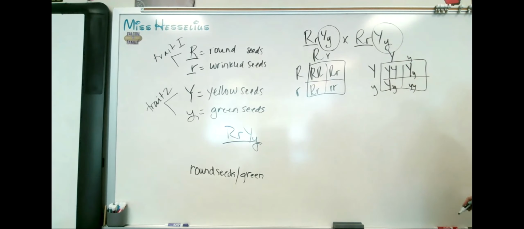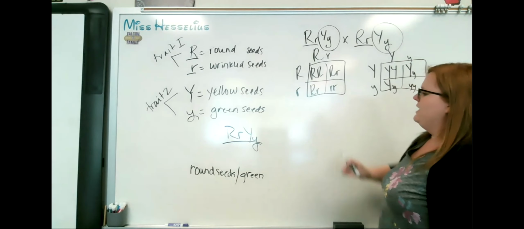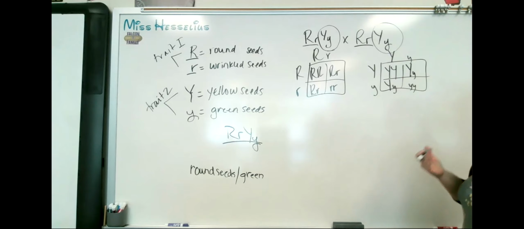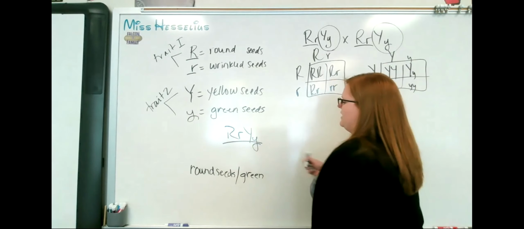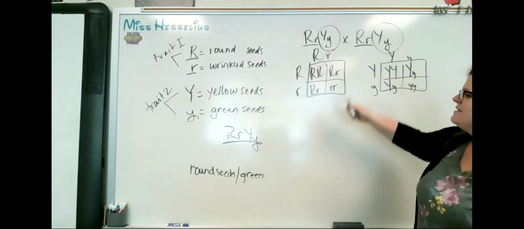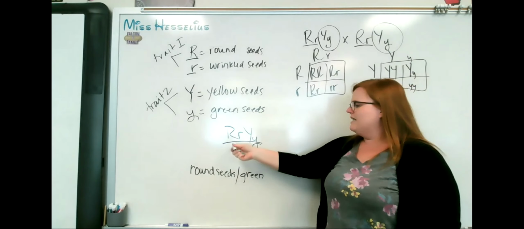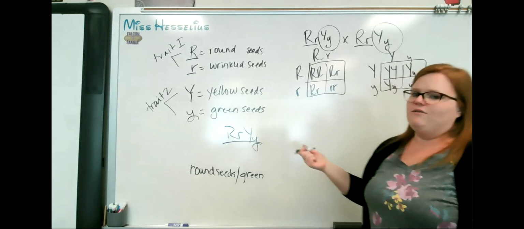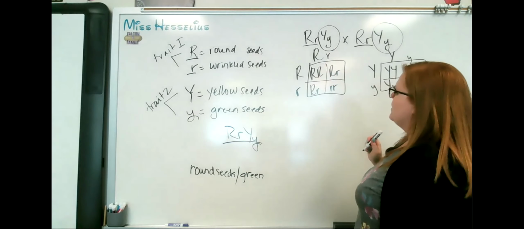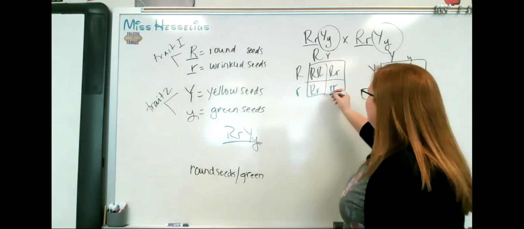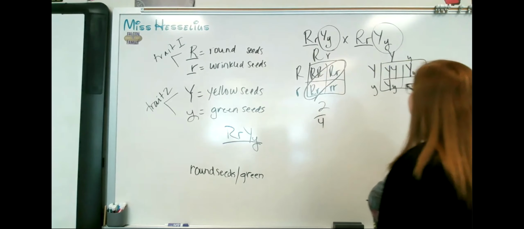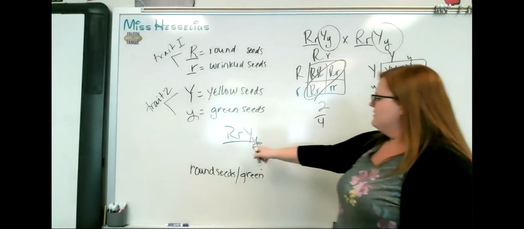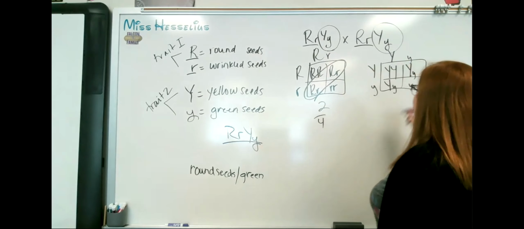All right, so we could take the probability of getting this trait and the probability of getting this trait and multiply them together. So if I wanted to still know what were the chances of crossing these parents with these 2 traits and getting this genotype, I can do that. So you look at your Punnett square. What are the chances of getting big R, little r? You've got 2 here. So that's 2 out of 4. Then what are the chances of getting big Y, little y?